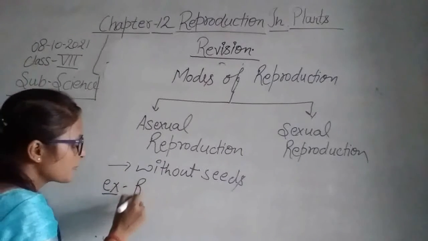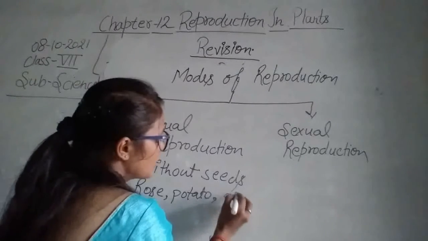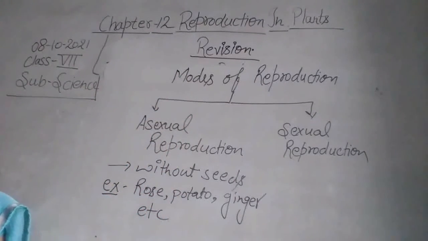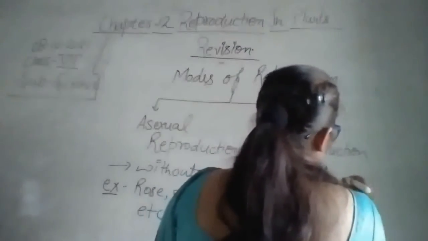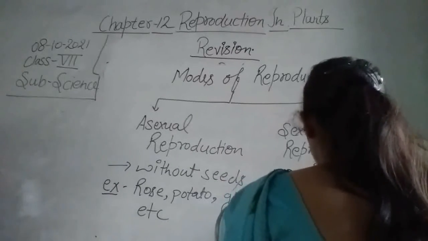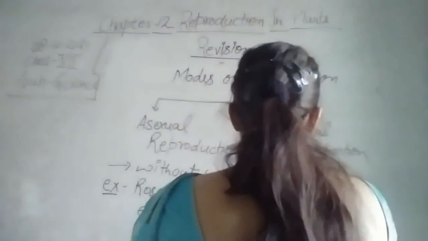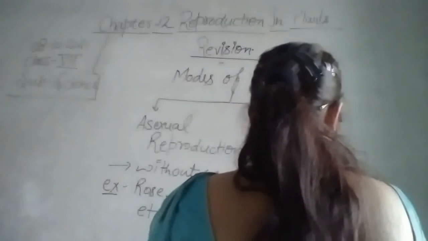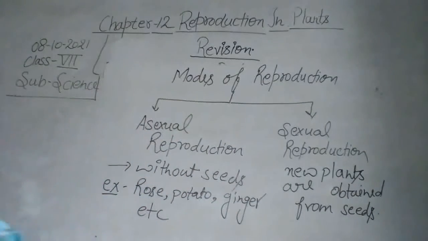Example: rose, potato, ginger, etc. And in sexual reproduction, new plants are obtained from seeds. Obtained from seeds. Okay.